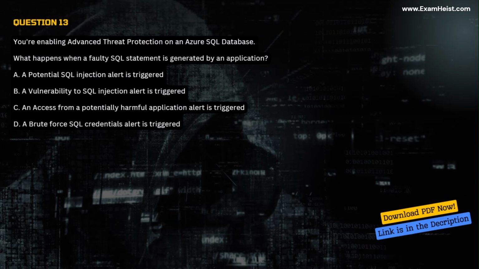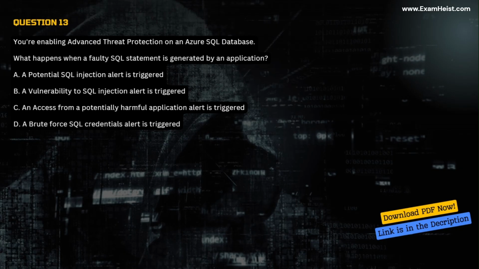Question 13. You're enabling advanced threat protection on an Azure SQL database. What happens when a faulty SQL statement is generated by an application? A. A potential SQL injection alert is triggered. B. A vulnerability to SQL injection alert is triggered. C. An access from a potentially harmful application alert is triggered.